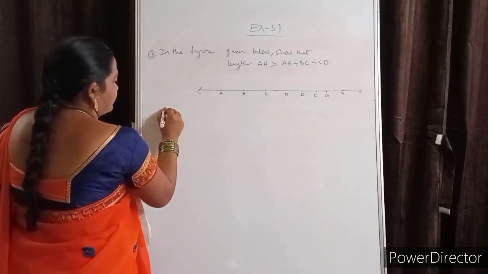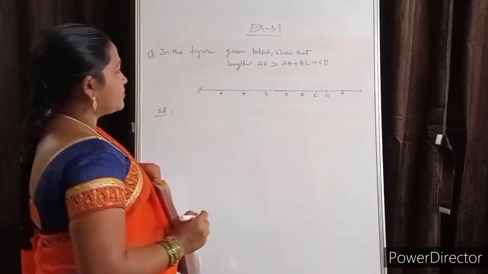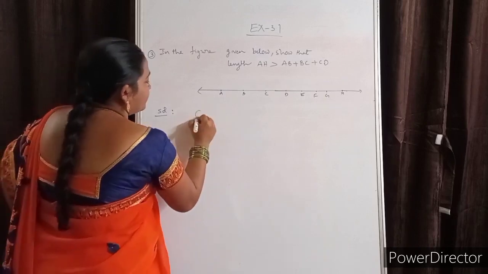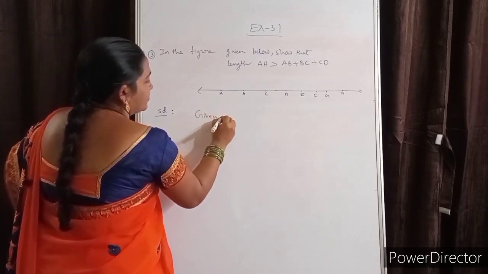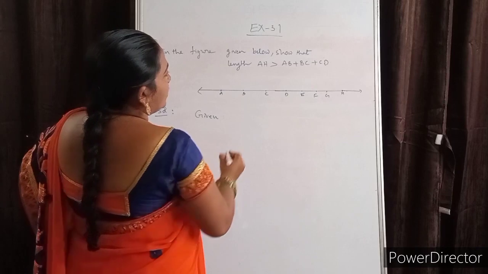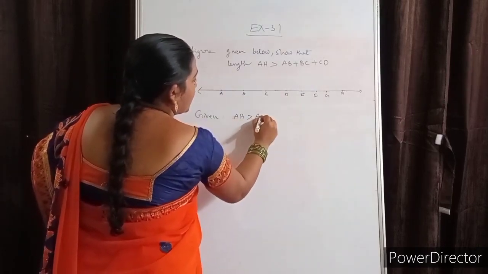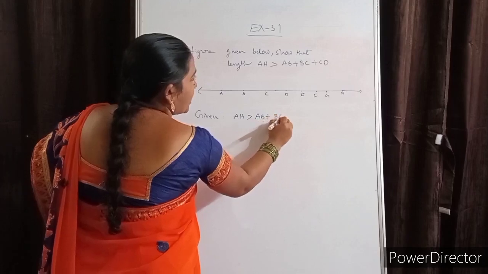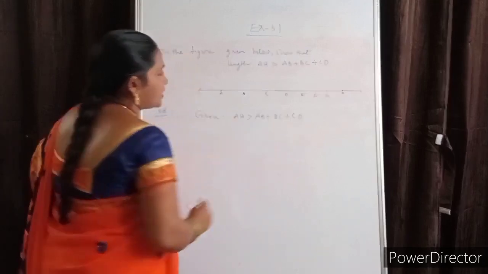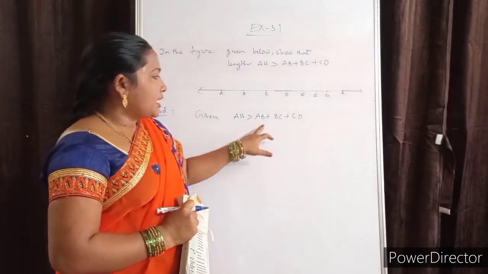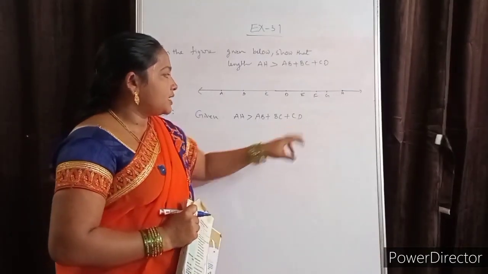Solution. Given AH is greater than AB plus BC plus CD.